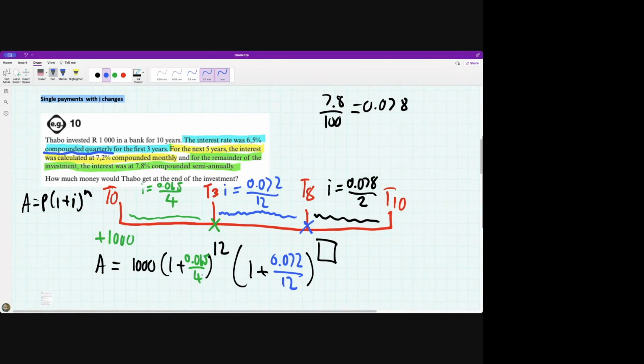Well, from T3 to T8 is 5 years, but the problem is I want it to be in months. Because this is a monthly interest rate, what should this figure up here be? Yeah, it's going to be 60, because 5 years times 12.